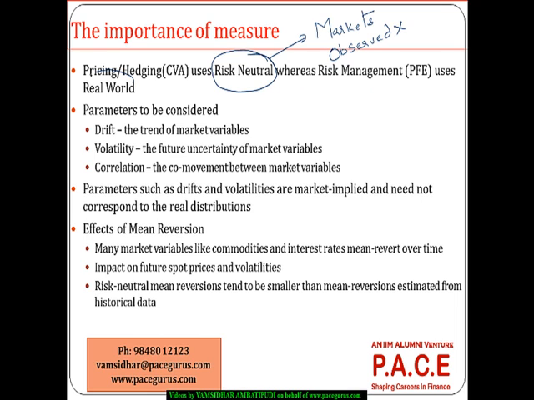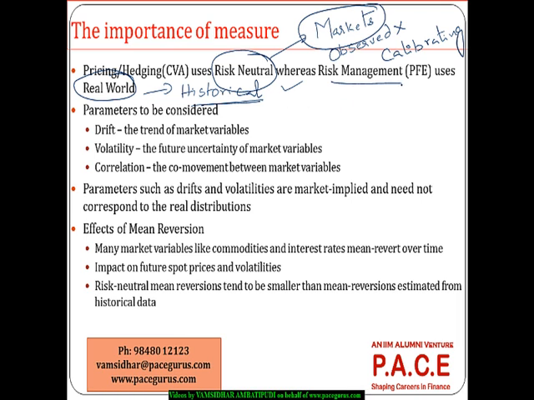Whereas the real world approach always picks the data from the historical, which is like in reality. So there could be a difference between the probability, whether it is default probability or any probability that we are bringing in. One is calibrated from the markets, whereas the other one is purely observed from the real world data.